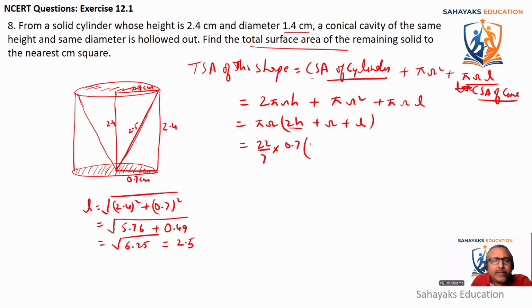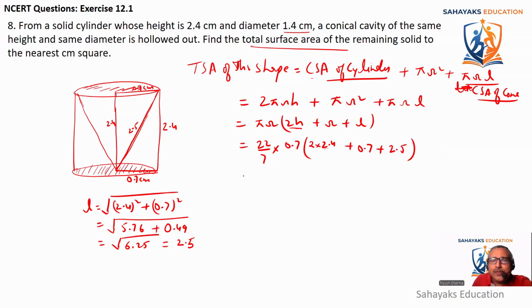It is 2 times height, that is 2 into 2.4, plus radius 0.7 plus L, which is 2.5.